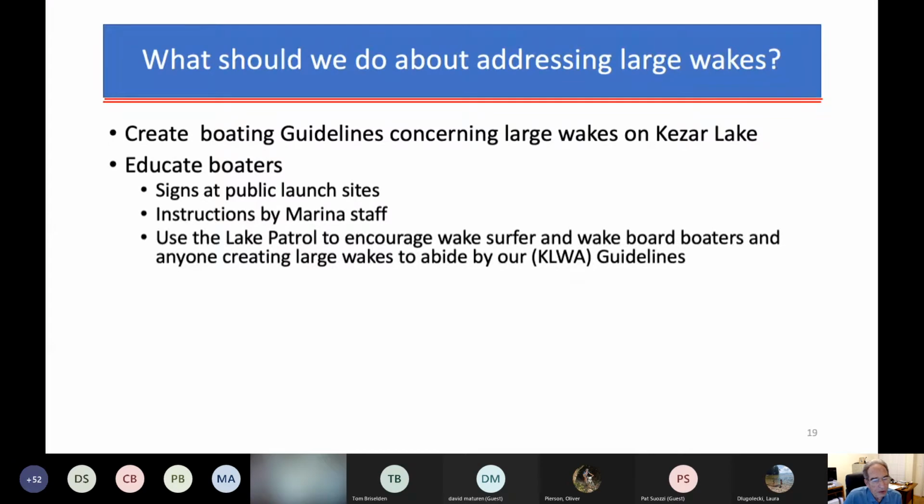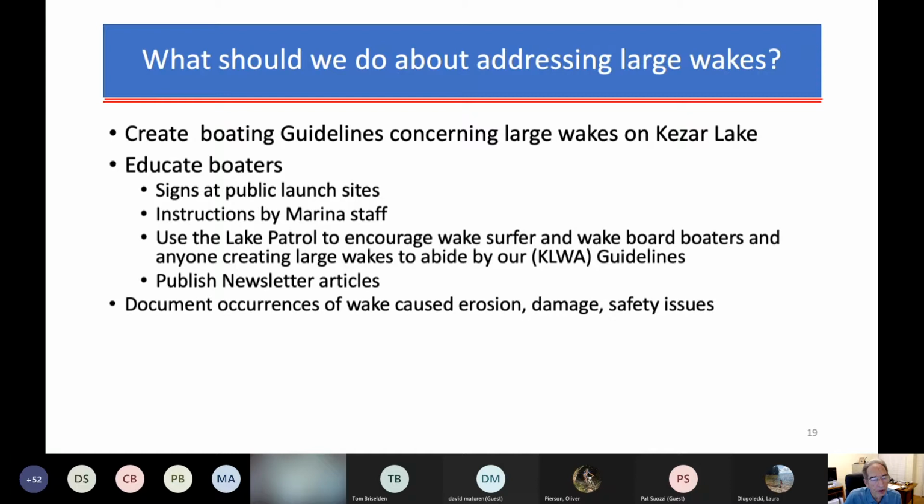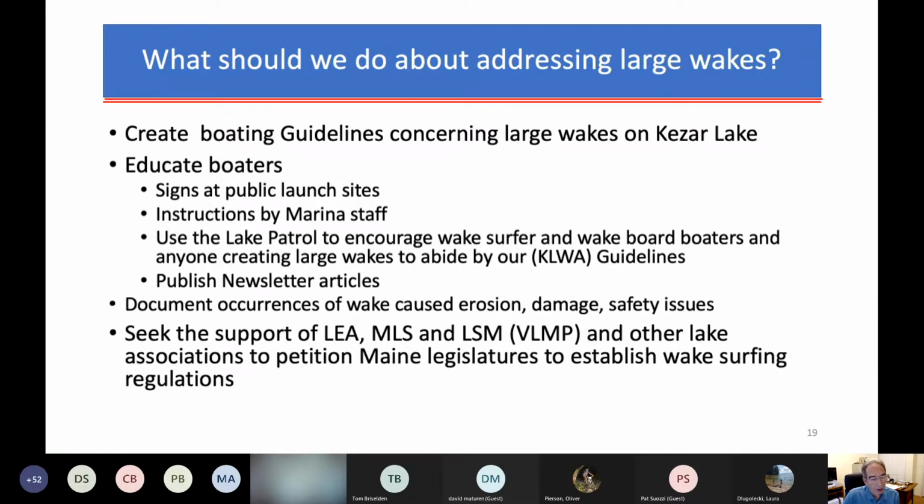We use the lake patrol to encourage wake surfing and wakeboarding boaters, and anyone that create large wakes to abide by our guidelines. We publish newsletters. We document the occurrence of wake-caused erosion, damage, and safety issues. And this is important as you seek with other lake associations to petition the Maine legislature to establish some wake surfing regulations.